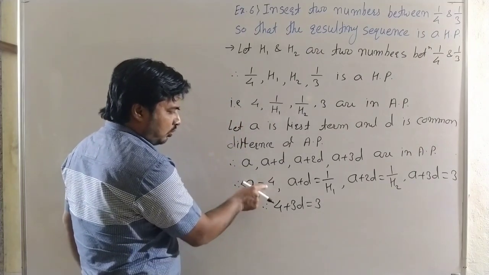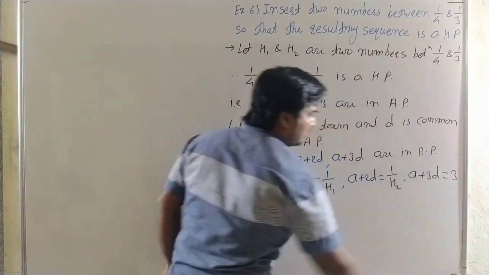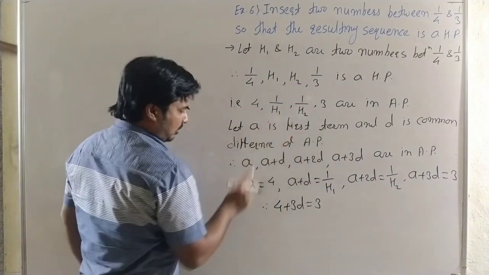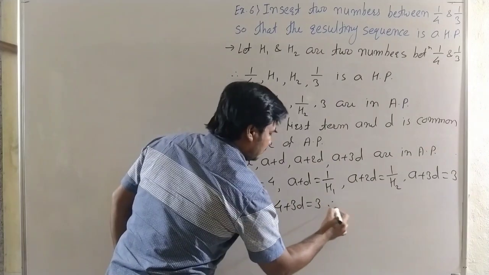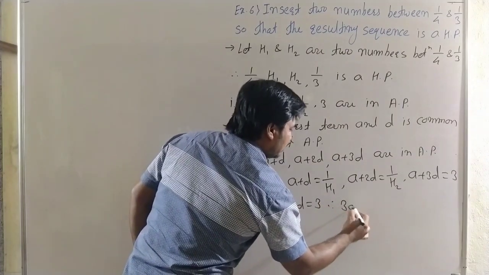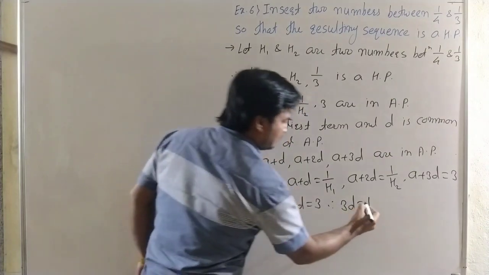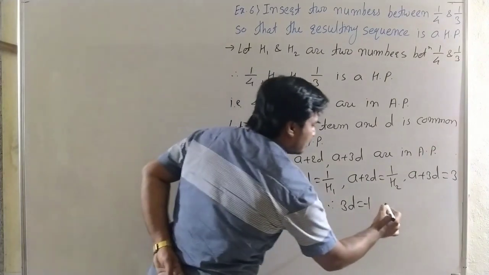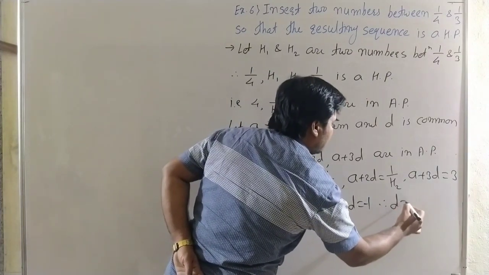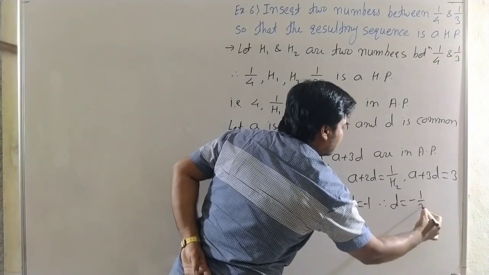It is 4, the first term. a plus 3 into D is equal to 3. a is 4, so 3D is equal to 3 minus 4. Therefore 3D is equal to minus 1, and therefore the common difference D is equal to minus 1 by 3.